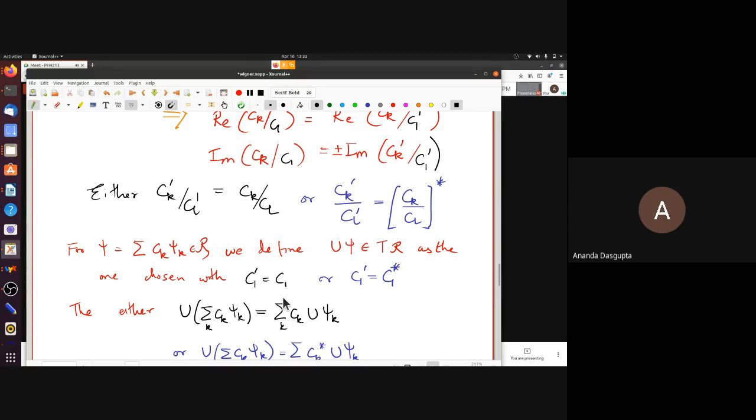But the moment you choose C1 prime equal to C1, going with this one, Ck prime will all be equal to Ck. Remember, this is not CL, these are all C1. So the moment you choose C1 prime equal to C1, this immediately tells you Ck prime has to be equal to Ck.